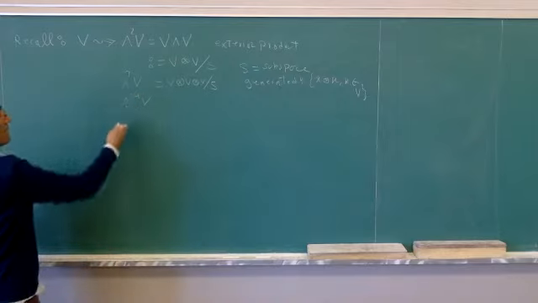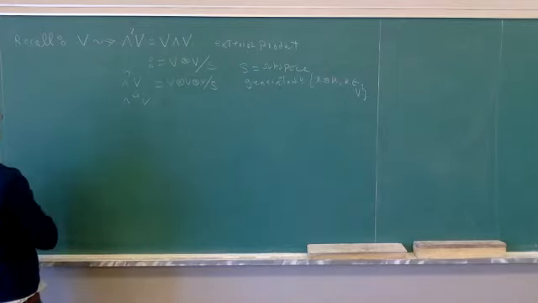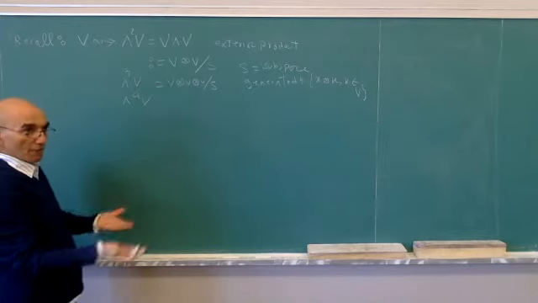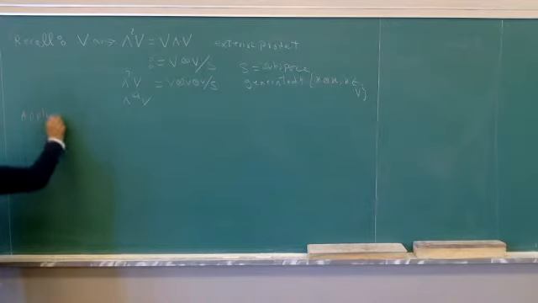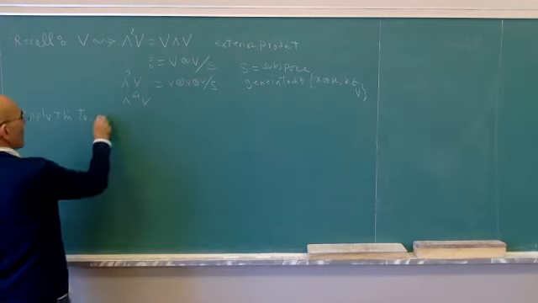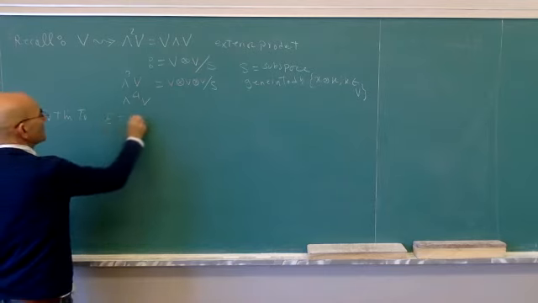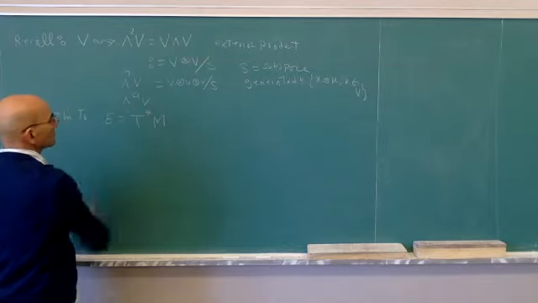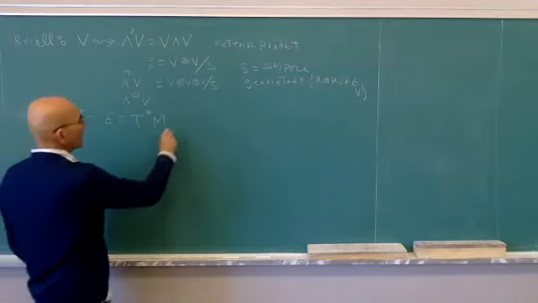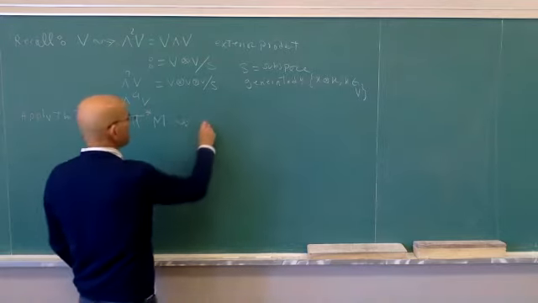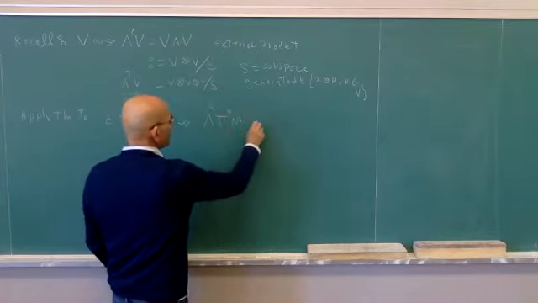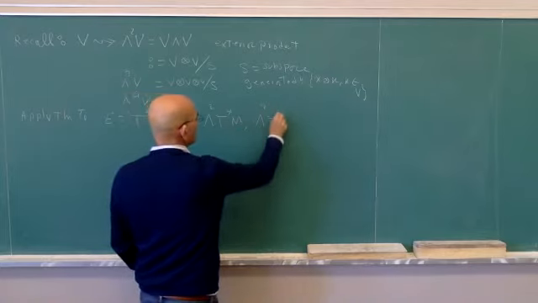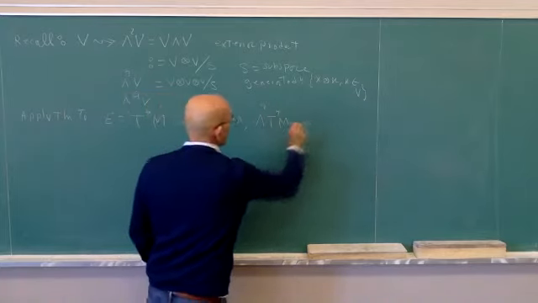This basic idea of linear algebra, we now take to vector bundles and apply it to the bundle E, which is T star of M. Then we get the bundles wedge 2 of T star of M, wedge 3 of T star of M, and so on.